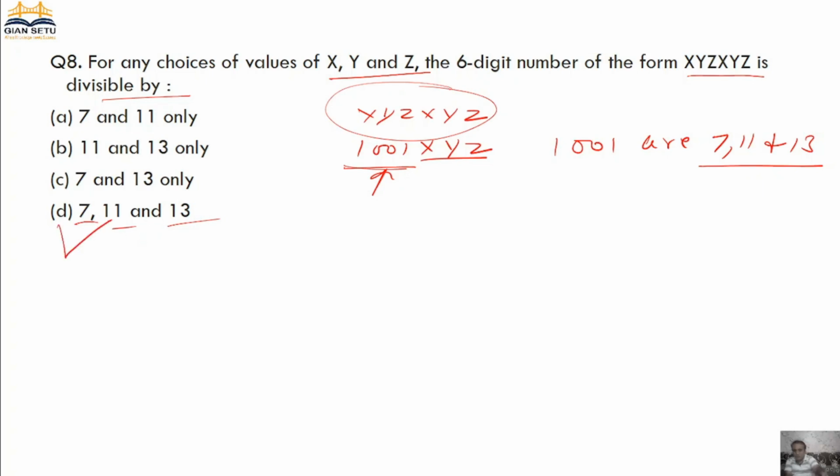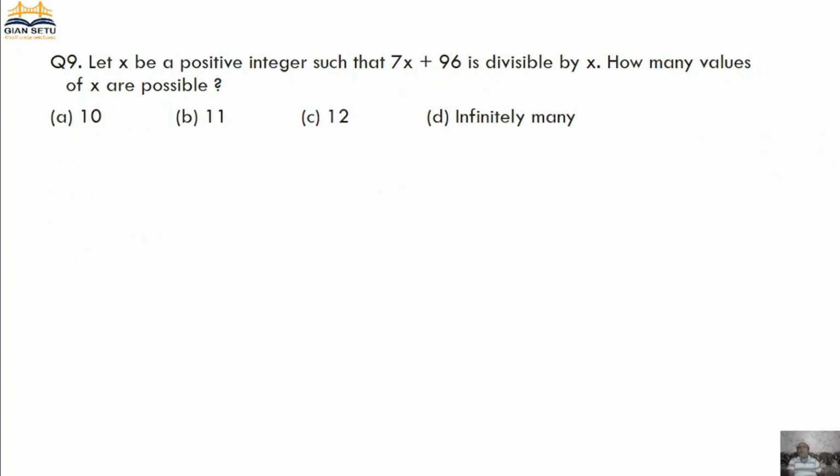Let's move to question number 9. Let x be a positive integer such that 7x plus 96 is divisible by x. How many values of x are possible? Right. Now here we need to find all values of x for which this number is divisible. Right. Now let's see. The given number is 7x plus 96.